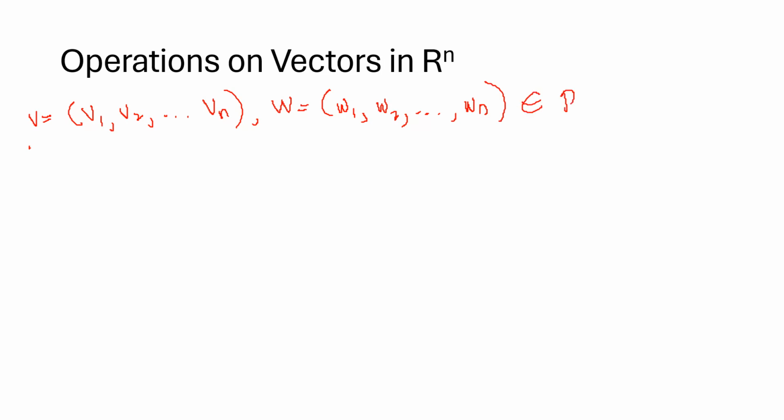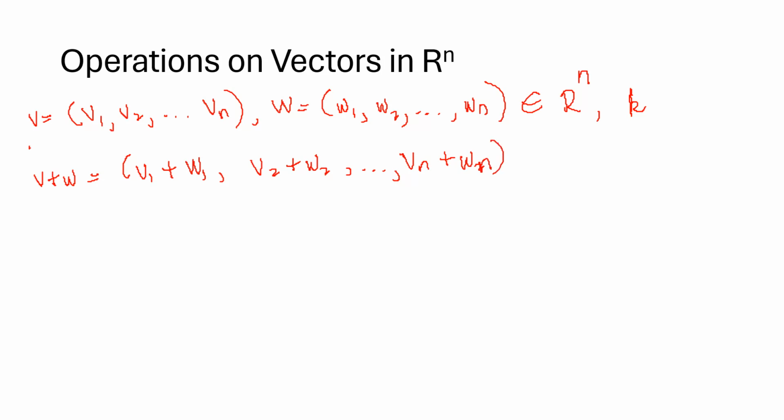and if k is any scalar, then we can define v plus w as (v1 plus w1, v2 plus w2, and so on up to vn plus wn). Our kv is equal to (kv1, kv2, up to kvn).